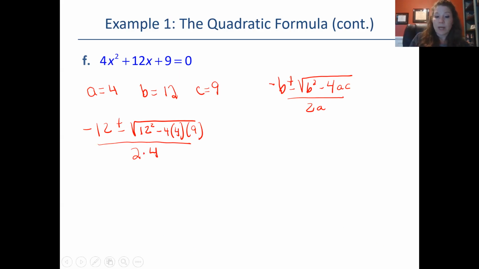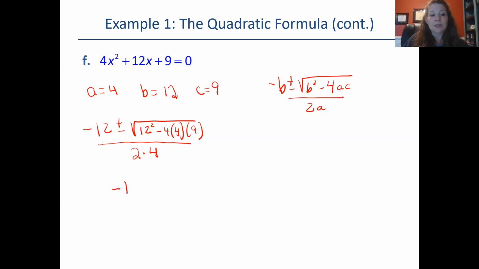So 12 squared minus 4 times 4 times 9, and I got 0. So there's only one answer, so then we have to find out what that answer is. Because if this is 0, isn't the square root of 0, 0? And do we have to write -12 plus 0? No, because -12 plus 0 is just -12.